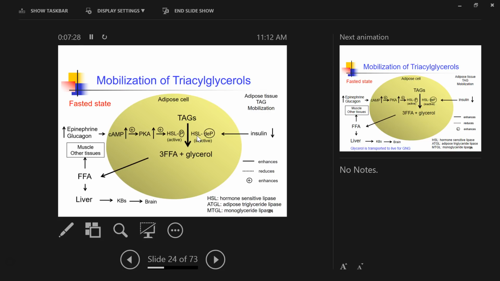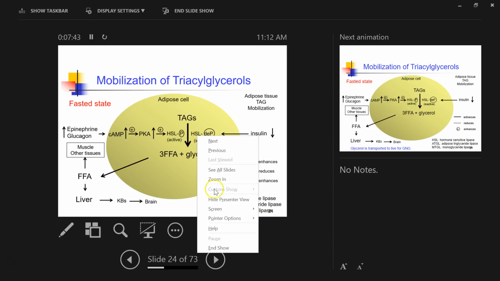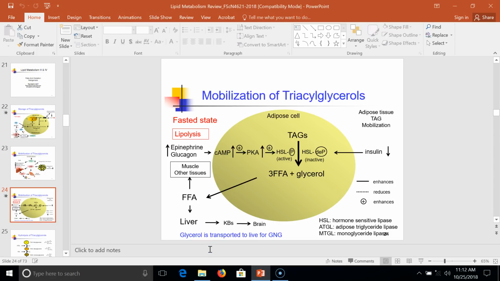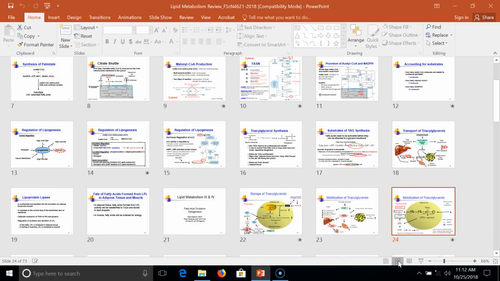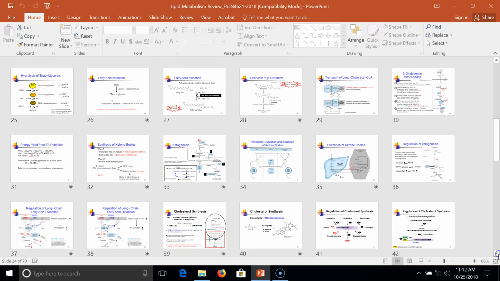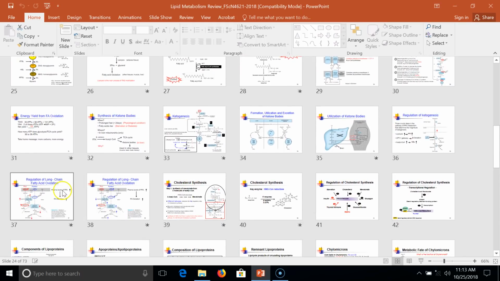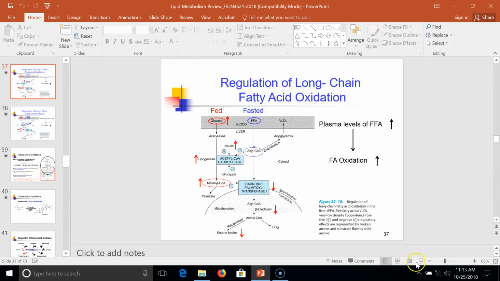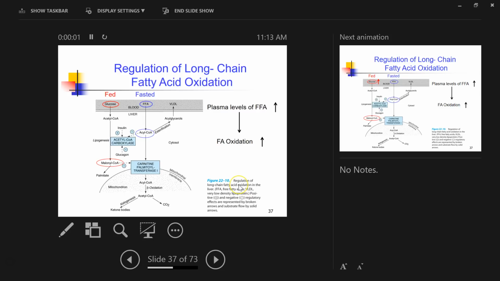For example, if we have a higher free fatty acid level in the circulation, what do you expect fatty acid oxidation activity would be? Increase, right? If you still remember, we have a specific slide about the regulation of fatty acid oxidation.